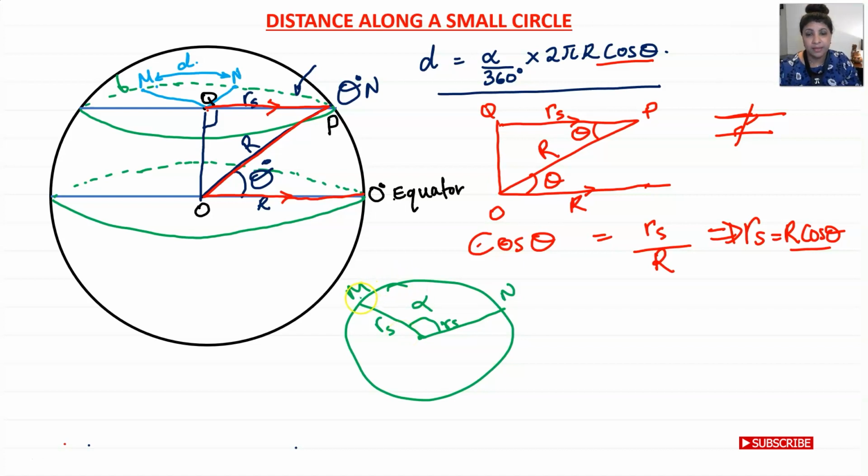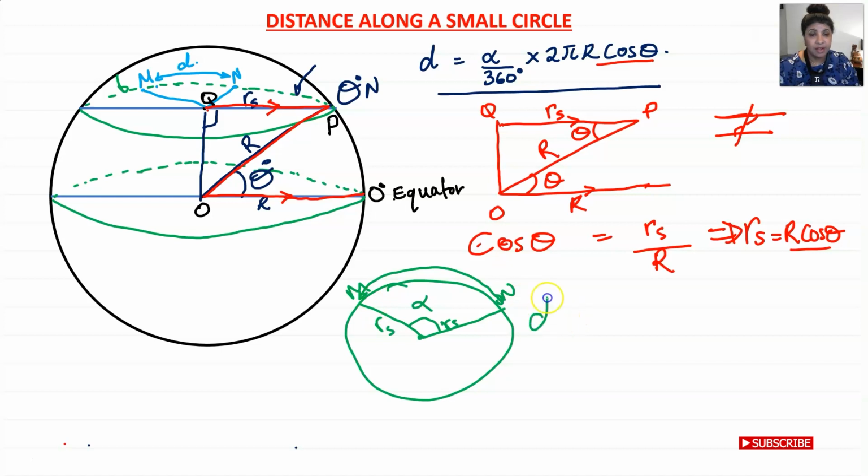Now we want to find the distance between M and N. So distance between 2 points. What do we have here? We have the length of the arc. And what is the length of the arc? An arc is a part of the circumference. So if we take the proportion of it, then we can find out what the length of the arc is, and that is the distance between 2 points.